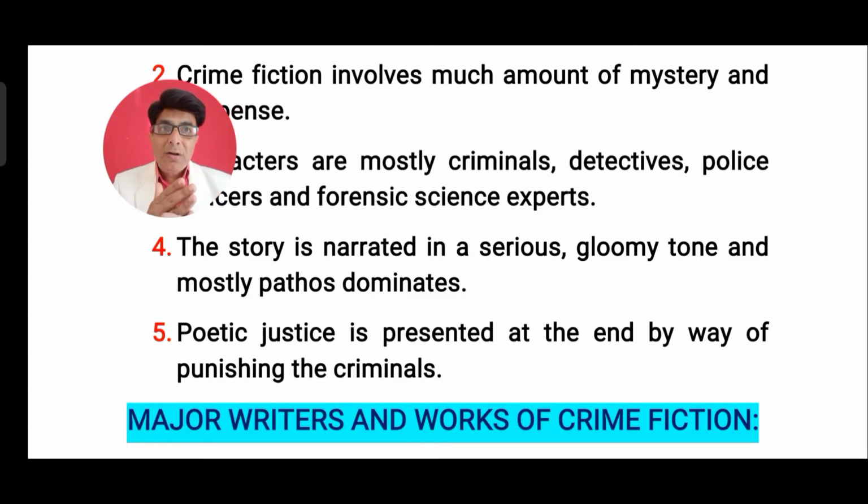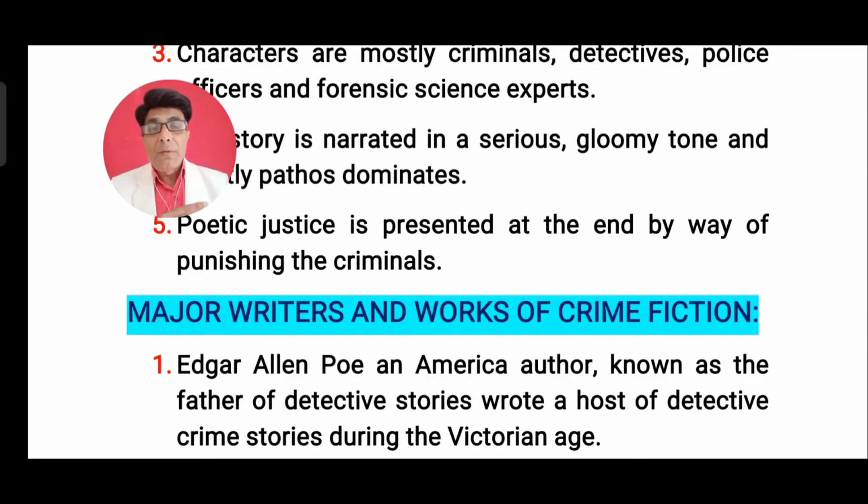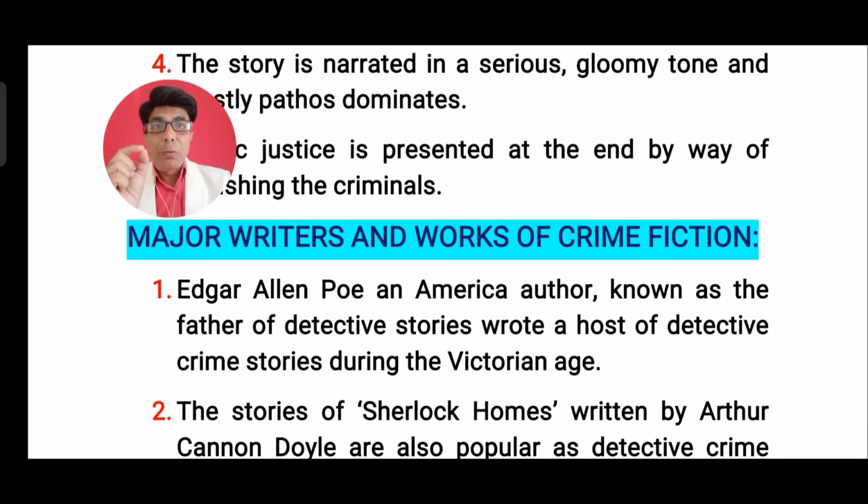So the tone of these novels is serious and gloomy, very sad. And at the end of the novel, most of the time the novelist presents proper poetic justice. Poetic justice means what? Good characters are rewarded and bad characters are punished at the end. So this poetic justice you generally find in most of the crime fictions.